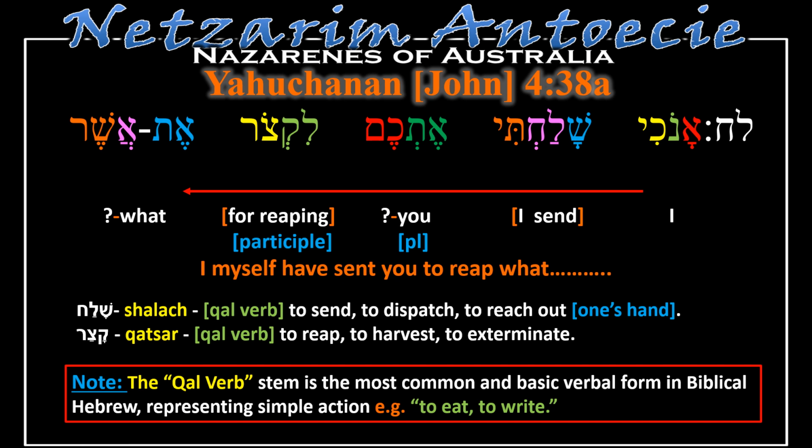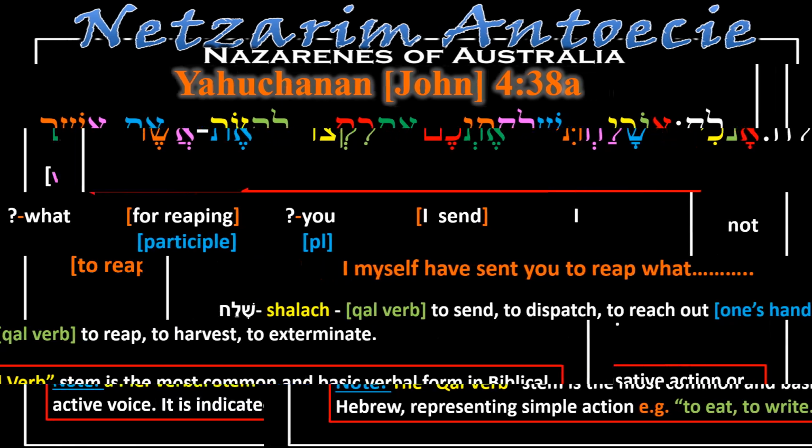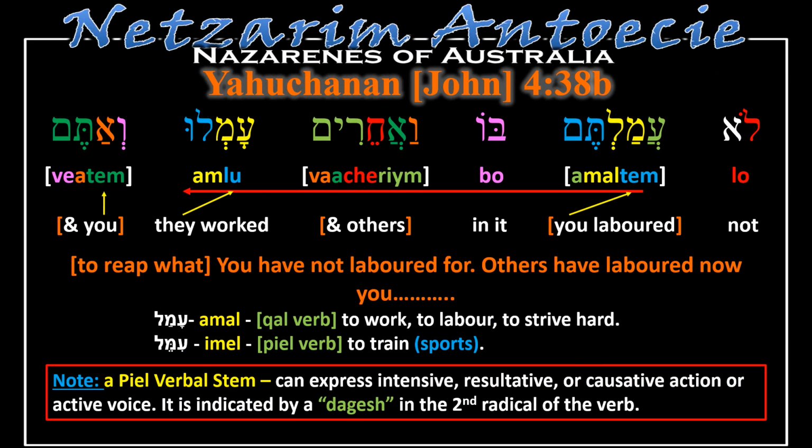All right, so now we come to part B. We have a lamed and aleph, ayin, mem, lamed, tav, mem sofit, bet, vav, vav, aleph, chet, resh, yod, mem sofit, ayin, mem, lamed, vav, vav, aleph, tav, mem sofit. Lo, not, amaltem, you labored.